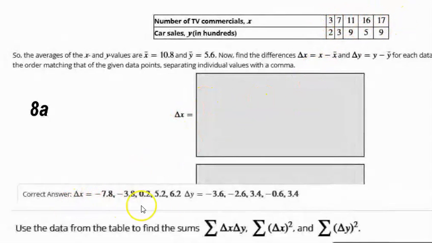And I have that written out here. So you can pause and write these answers down to see if in fact that's what you're getting.